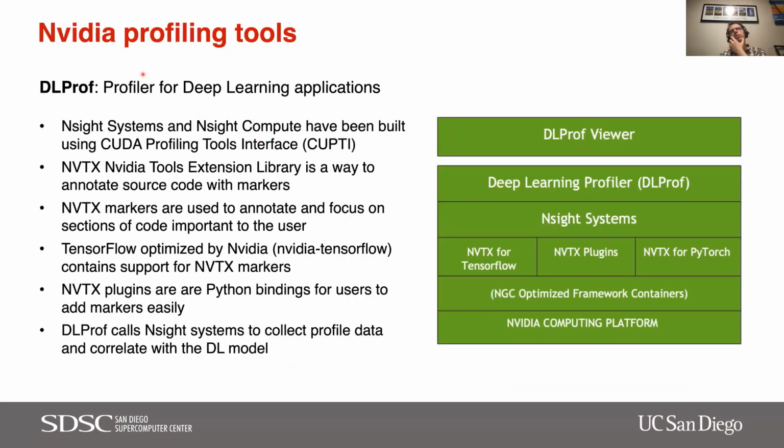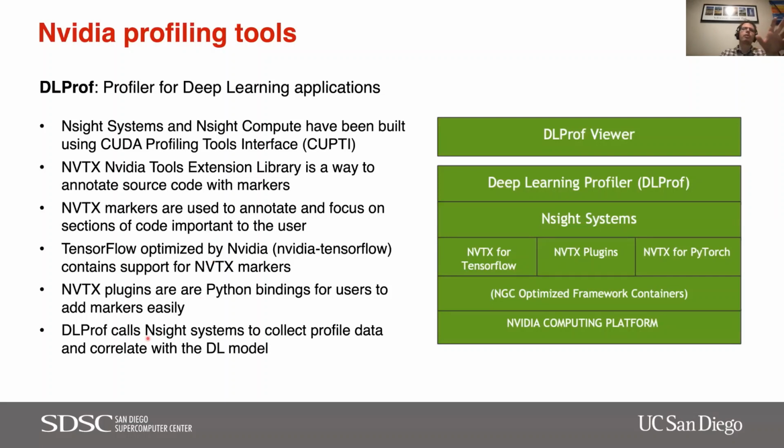And then there are also profiling tools for deep learning applications, so DLProf. And it works with NVTX plugins that are available in TensorFlow and PyTorch. So there are already optimized versions by NVIDIA for their hardware that contain NVTX markers that basically tell the compiler what's happening, with timestamps and so on, to annotate and focus on sections of code that are important to the user.